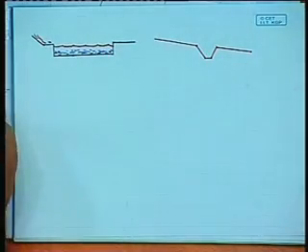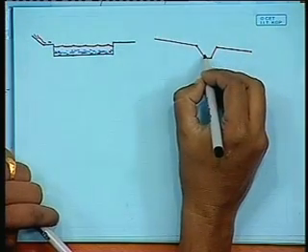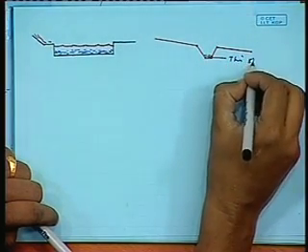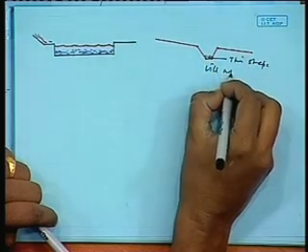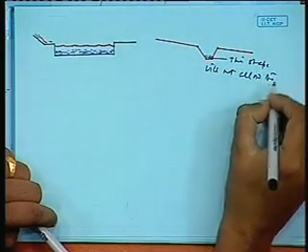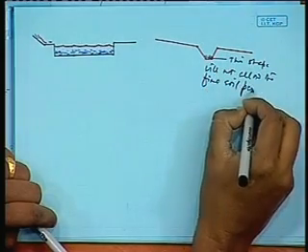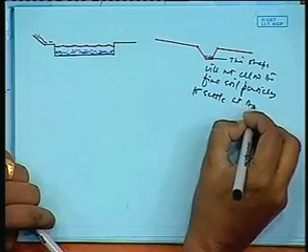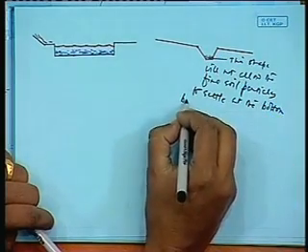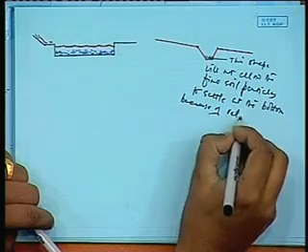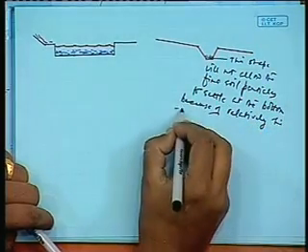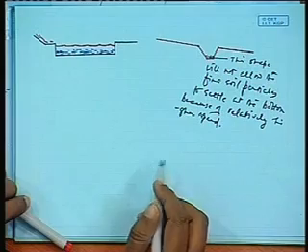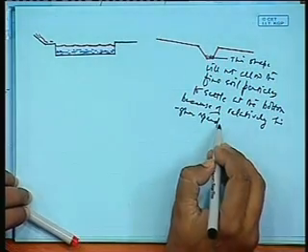As a result, you would expect a relatively higher velocity at the bottom, and so this shape will not allow the fine particles to settle at the bottom because of the relatively higher speed.